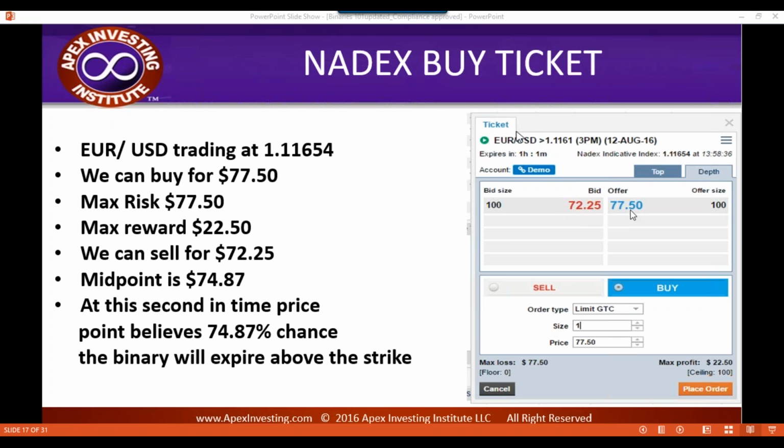Well, that's called the bid-ask spread, right? That's the difference between the two. I can buy for this, I can sell for this. But what is the midpoint between the two here? Well, if you added these two numbers together and divided them in half, right in the middle is $74.87.